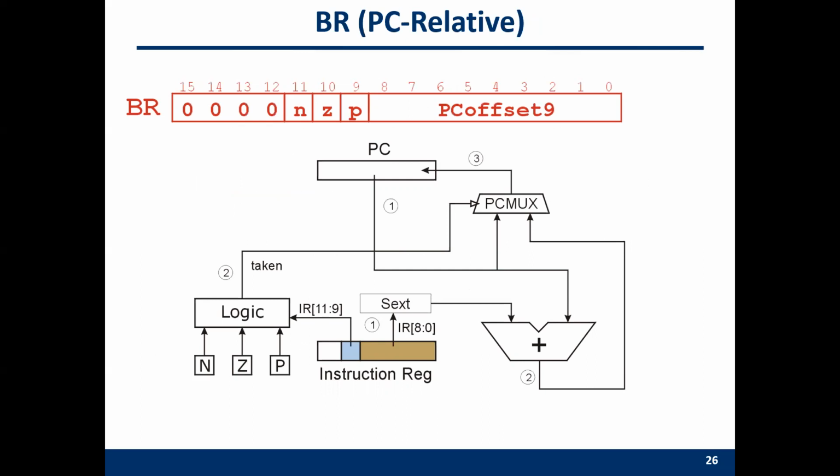The opcode is all zeros. And then we have an offset. The first step of this branch instruction is to read the PC, because potentially you need to modify this PC.